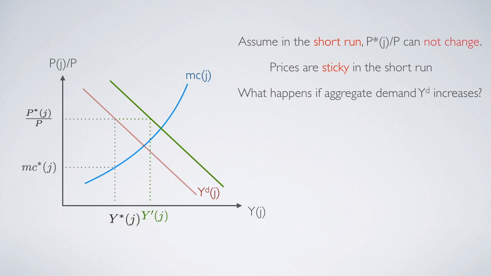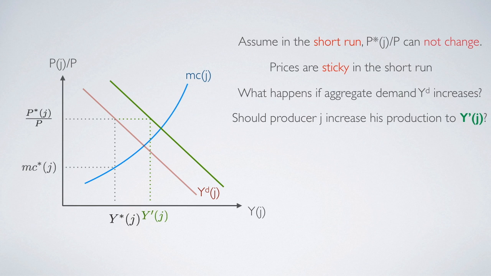But the question is, even if the firm can sell that many more units, should the firm increase its production to Y prime J? It needs to be discussed, because a firm will not increase production simply because more people want to buy. A firm wants to increase production only if it is profitable. So we have to see whether increasing production from Y star to Y prime is profitable.